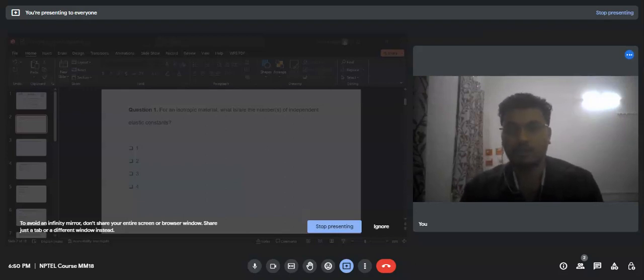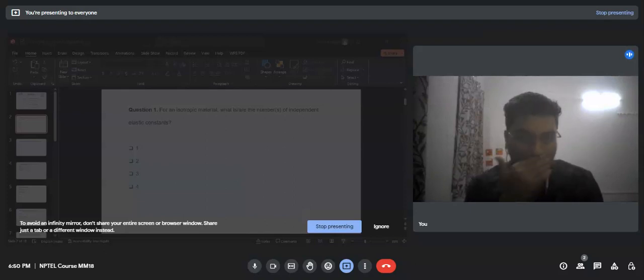Then again, question number 6. A 200 into 100 into 50 mm steel block is subjected to a hydrostatic pressure of 10 megapascal.